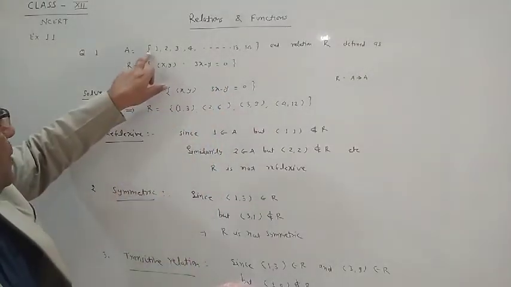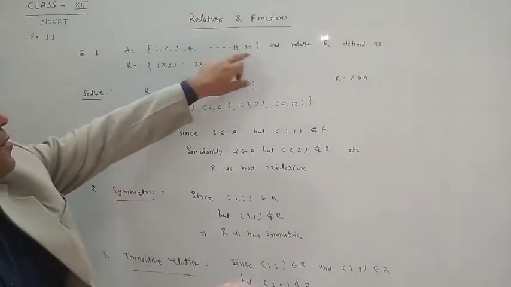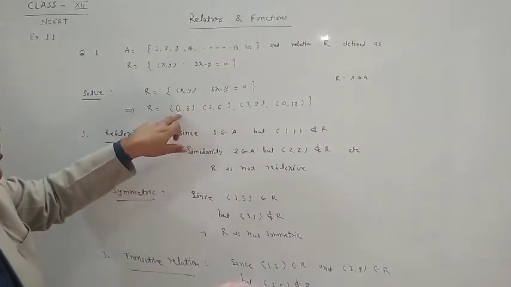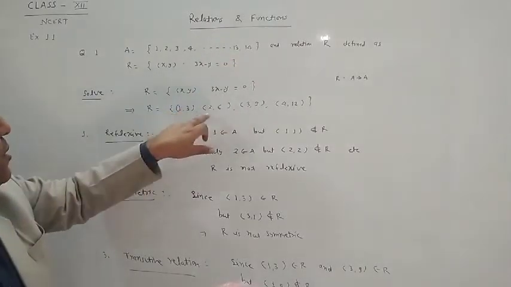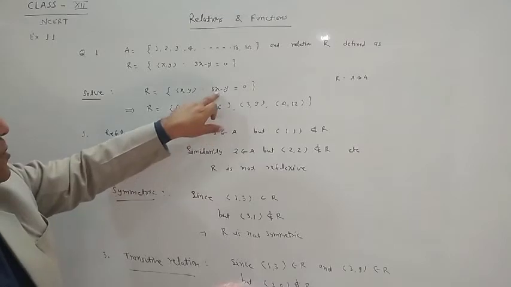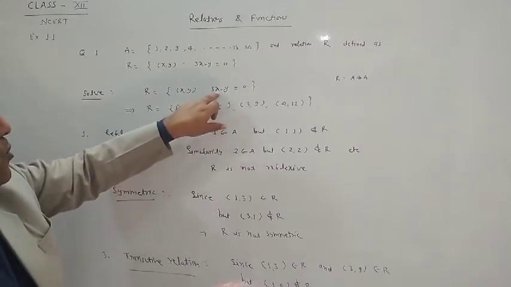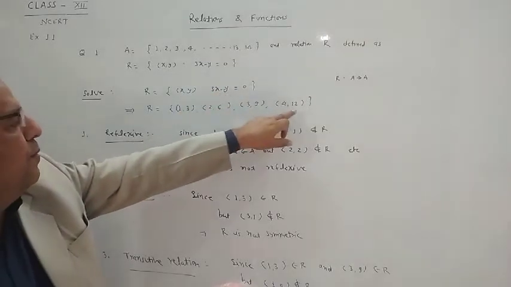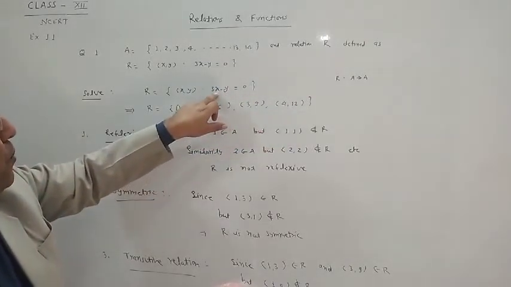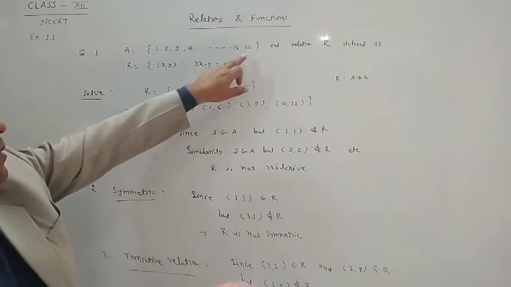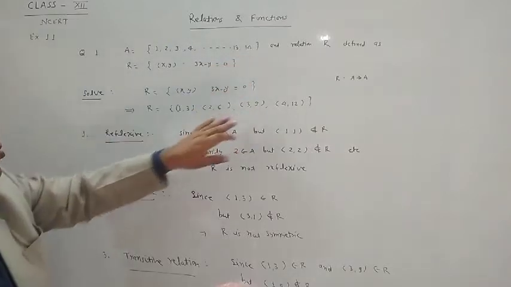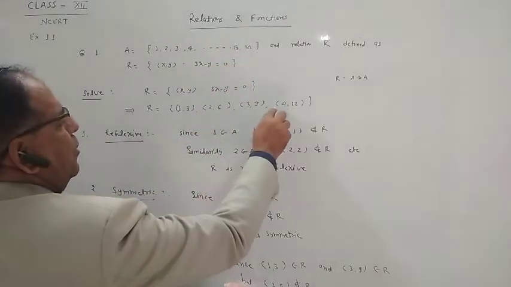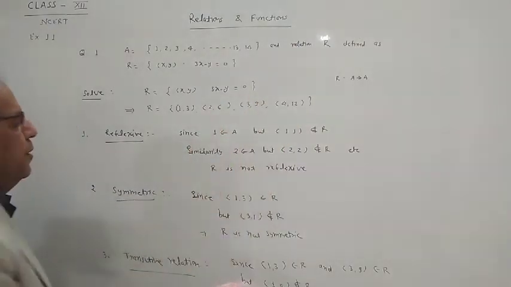So we take elements of A: 1, 2, 3, 4, 13, 14. If x equal to 1, according to this condition y becomes 3. If x equal to 2, y equal to 6, x equal to 3, y equal to 9, and similarly x equal to 4, y equal to 12. If we take x equal to 5, then y equal to 15. There 15 is not there, so we take only values of x up to 4.